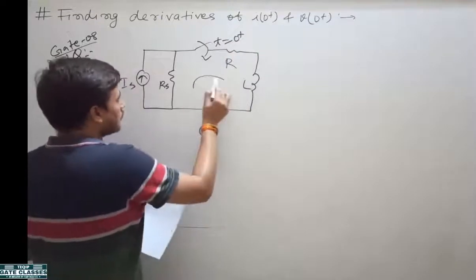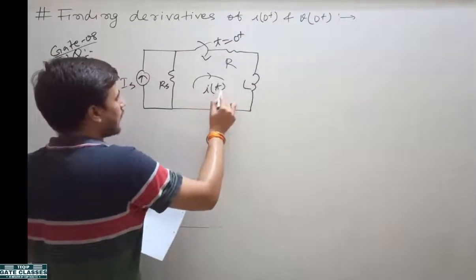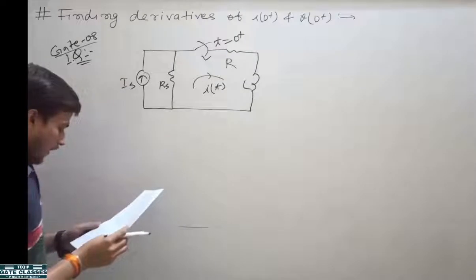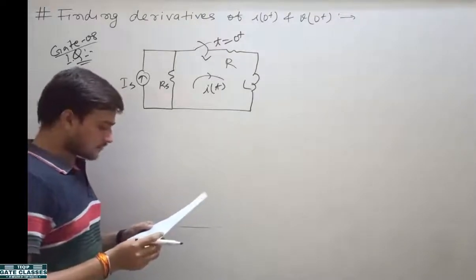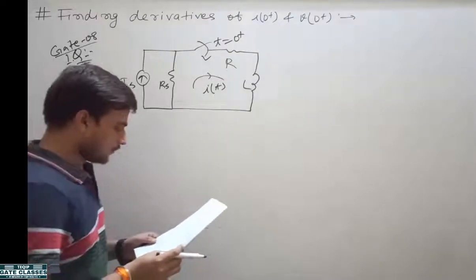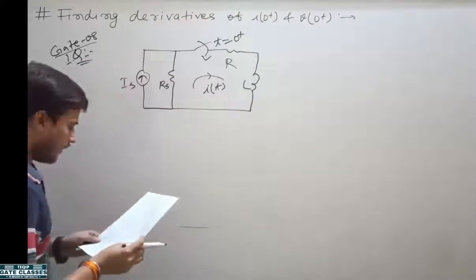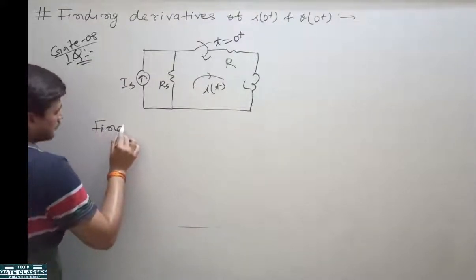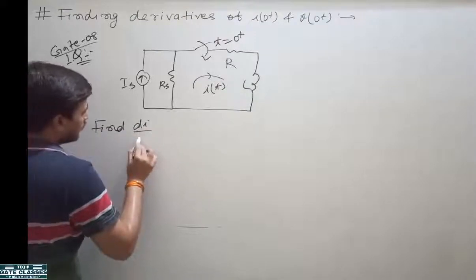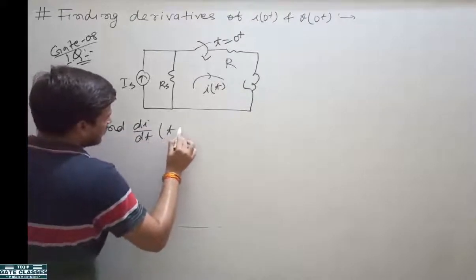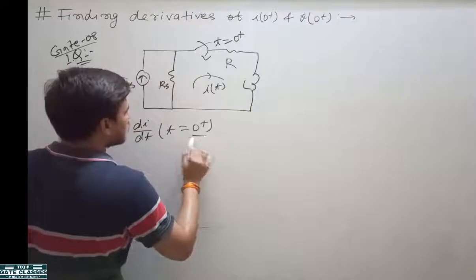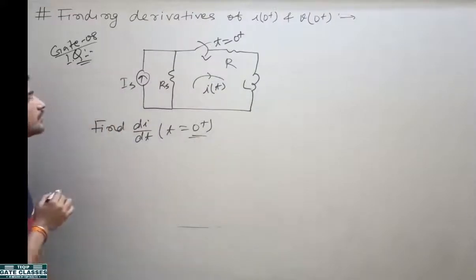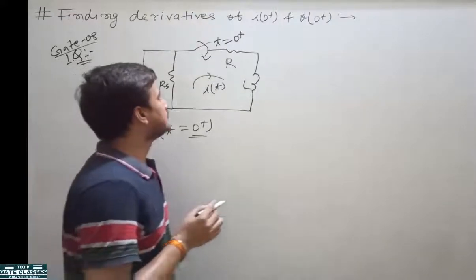The current flowing through this circuit will be i(t). It is given that the switch is closed at t equal to 0. Then you have to find the rate of change of current, di/dt at t equal to 0 plus.